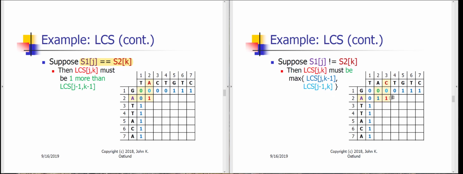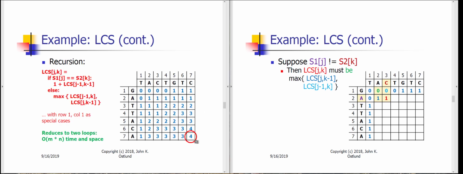On the other hand, if we add another column and discover that that column's letter does not match the current row's letter, then we simply select the maximum of the new column up to the shorter prefix or the previous column up to the current prefix. All right, so we will simply mechanically fill in all of the remaining cells in the matrix following that recipe.